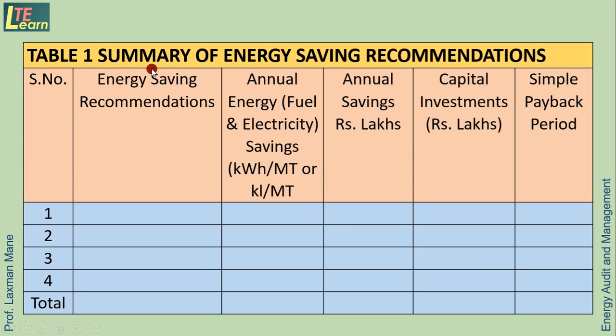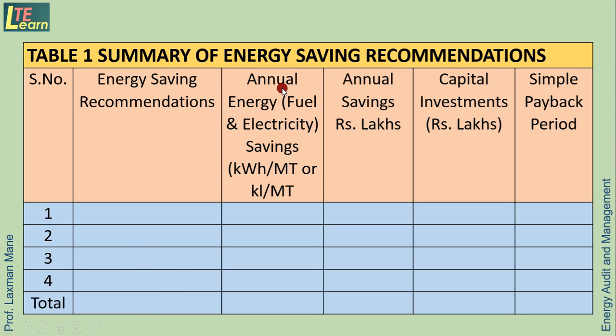Here is a sample table of summary of energy saving recommendations. So here are number of columns. Here are different utilities mentioned. Energy saving recommendations for the different utilities are given.